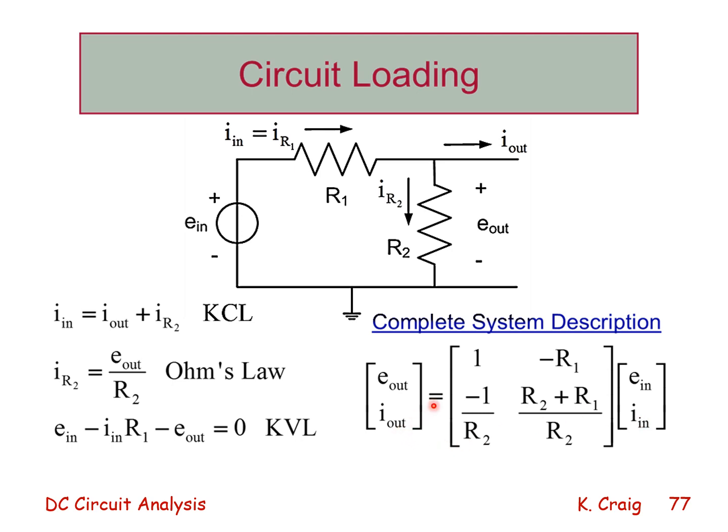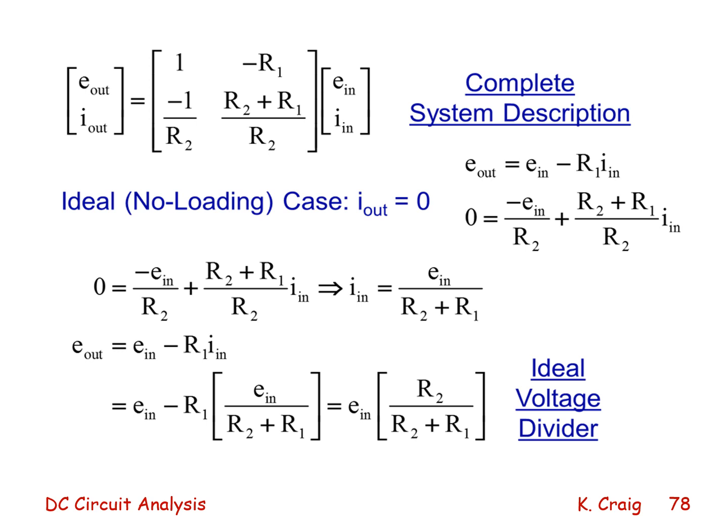I out equals minus 1 over R2 times E in plus R2 plus R1 over R2 times I in. And these are then the equations that we see here on the left, applying Kirchhoff's current law and Kirchhoff's voltage law. So the complete description is then given by this matrix representation.